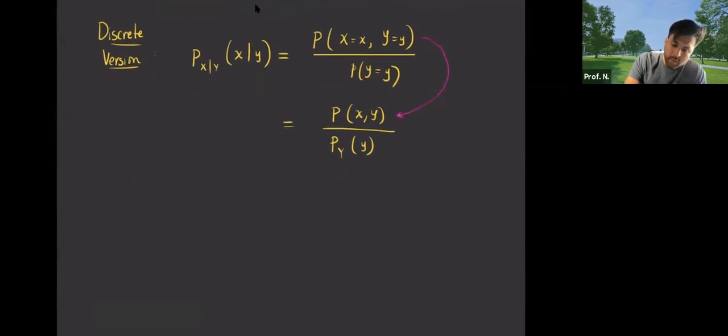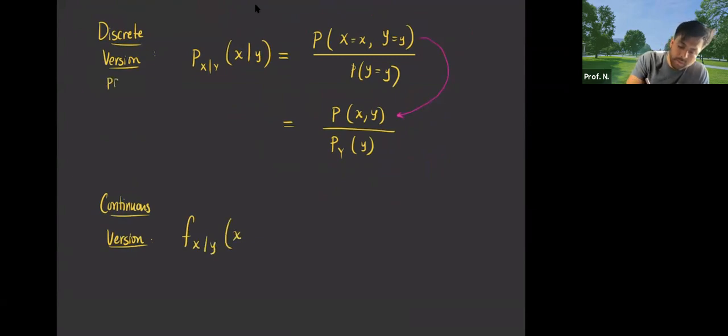The continuous version is very similar, except that instead of P we use little f, for PDF.